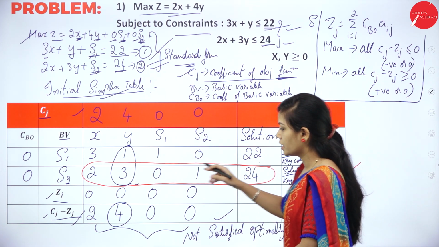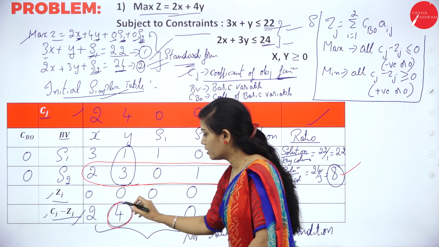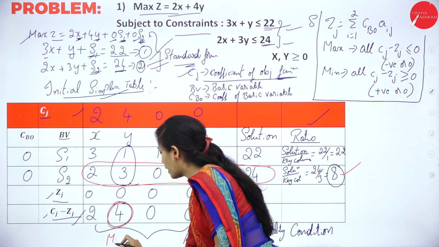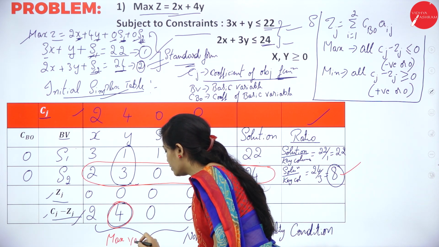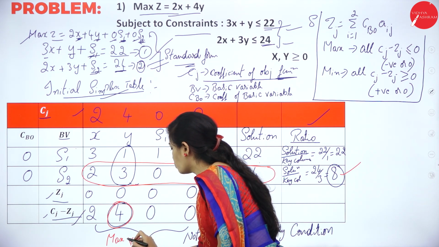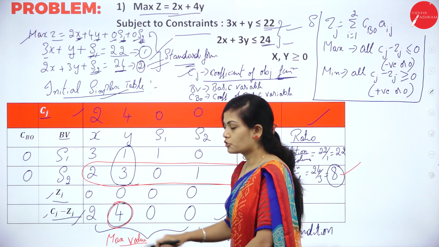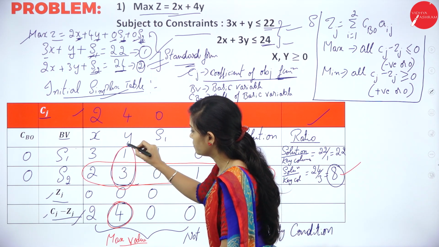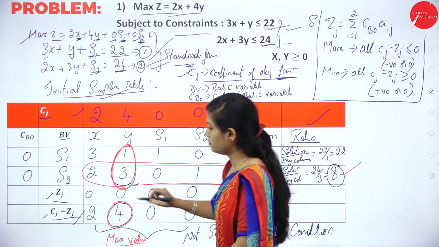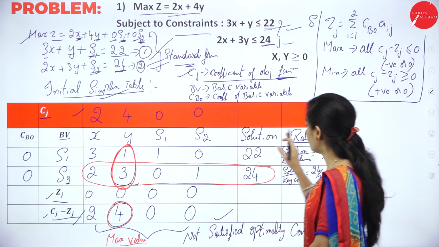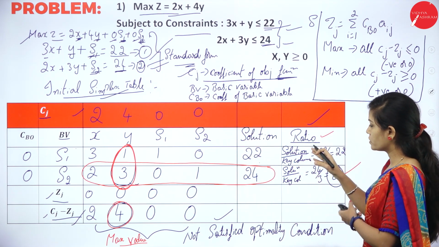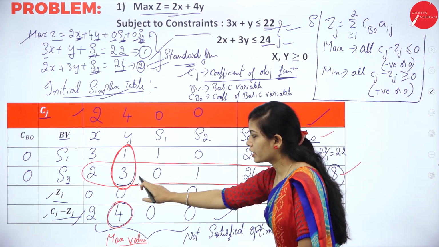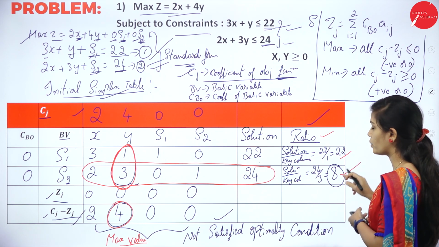Here I got the key column. This is my maximum positive value in Cj minus Zj, which is 4, and it comes under the key column. After getting the key column, you find the ratio value using the formula solution divided by key column. You got two values, 22 and 8.